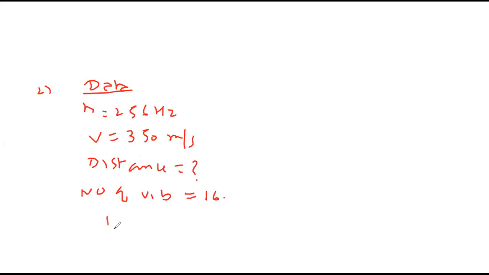When the tuning fork completes one vibration, one wave is produced, and the distance of one wave is lambda. So when it vibrates 16 times, 16 waves will be produced, which is 16 lambda. Lambda we can write as V by N, because V is N lambda. So I'm writing like this.